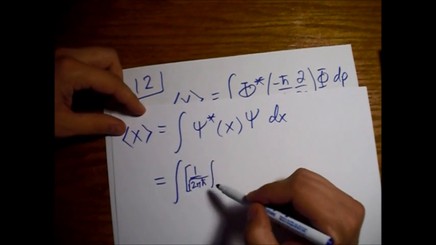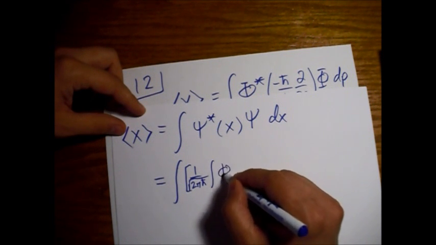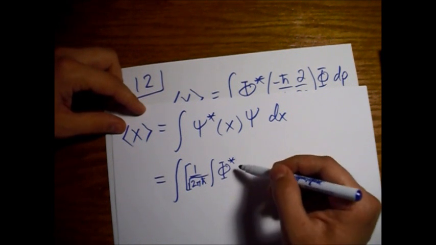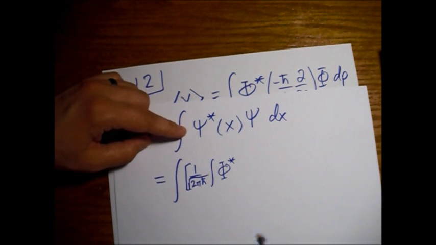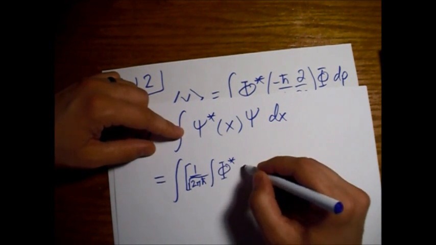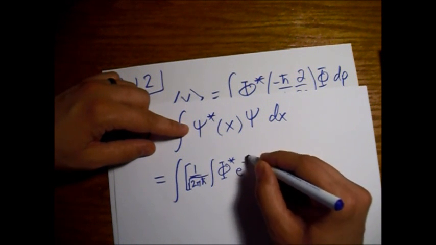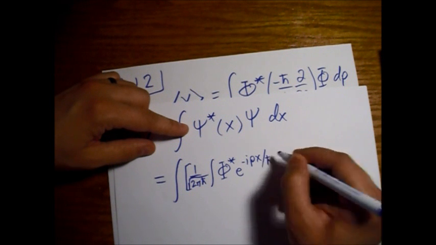Okay, so now, this is a little weird because we're taking the complex conjugate. So it's not going to look like a Fourier transform or an inverse Fourier transform. It'll look like a Fourier transform with a minus sign right here, e to the minus i p x over h bar.